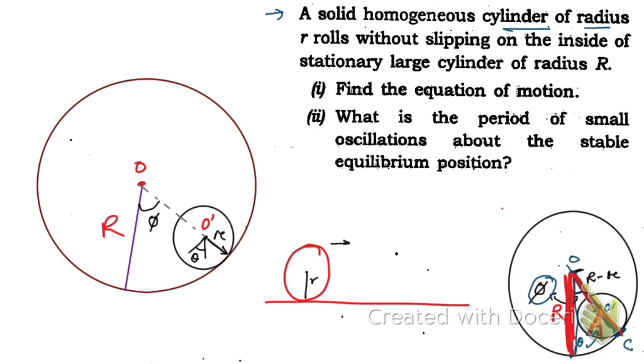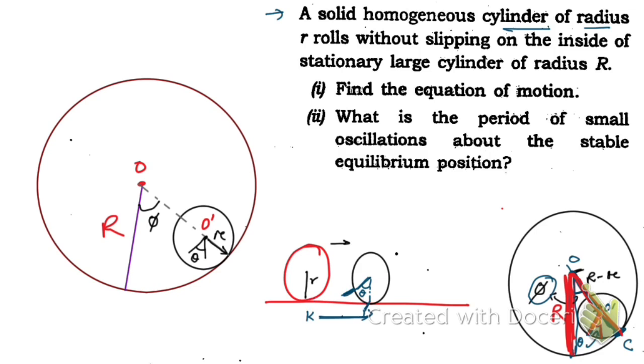When you roll it from this position to this position, suppose this radius rotates through angle theta with the vertical. Then this arc must be equal to this distance.